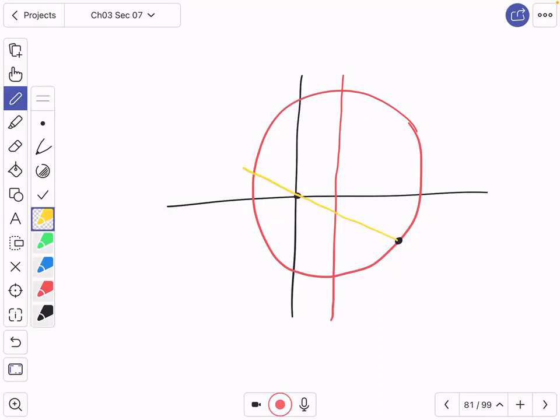So what I did, I connected this point with this point, which was wrong. I did it because I was doing it too fast. I was trying to wrap up the material because we were running out of time.